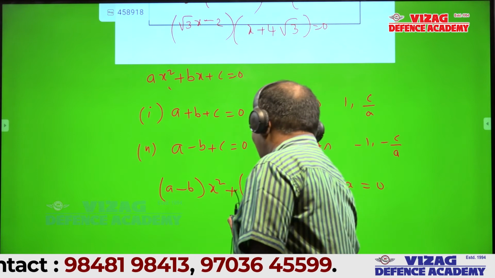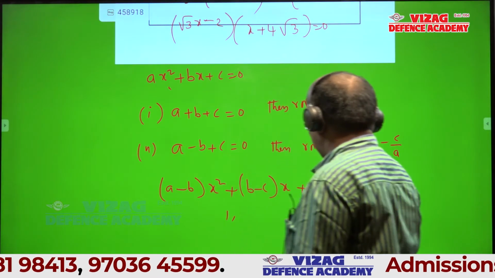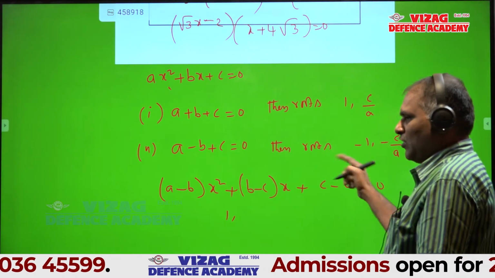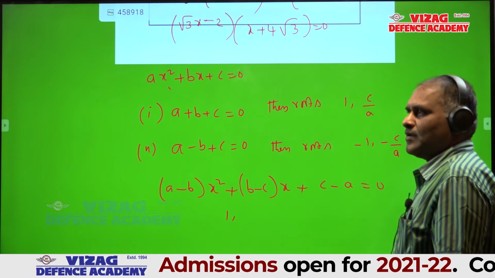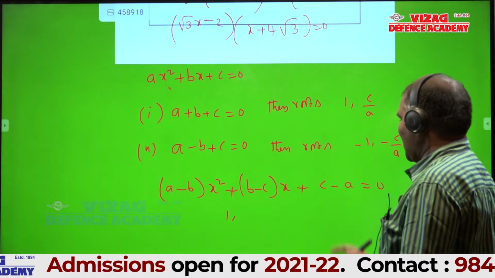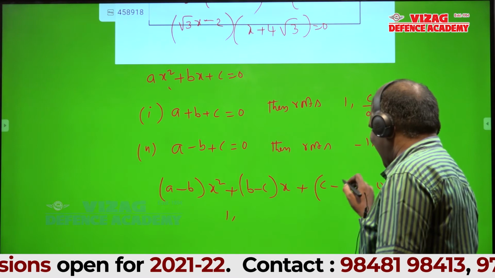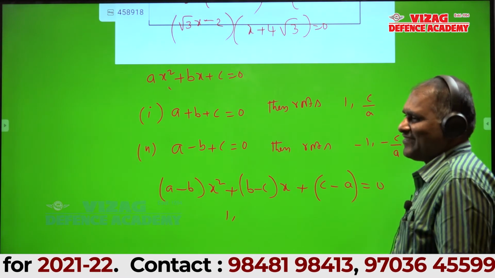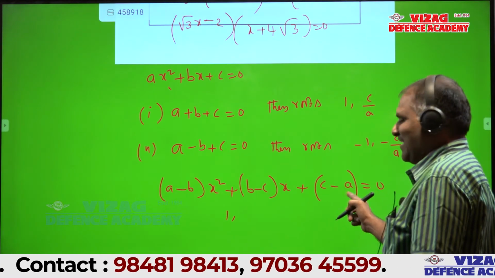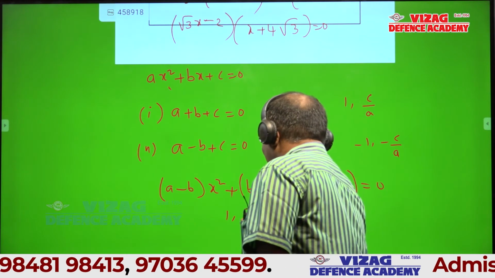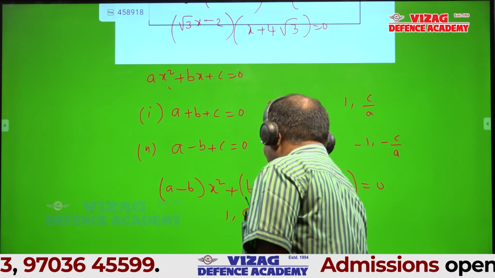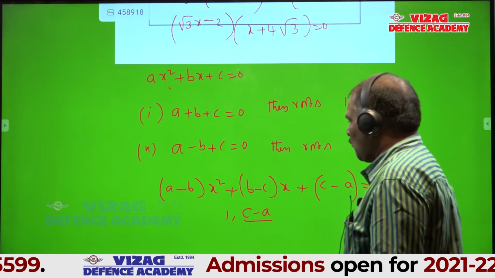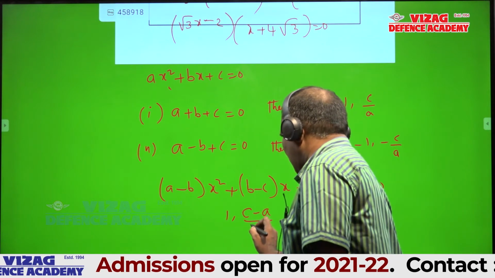The other is 1 comma C by A, but in place of C, what value will be there? C minus A. That is C minus A divided by A minus B, with A in place of value being A minus B.